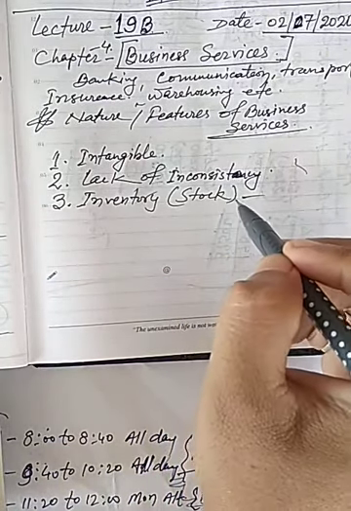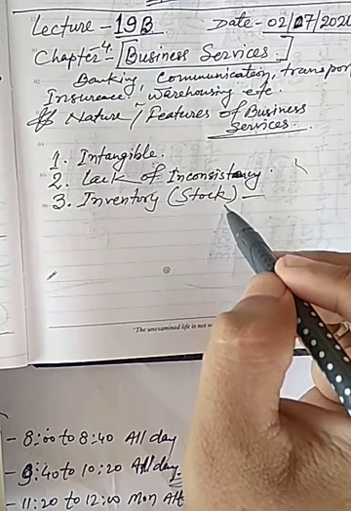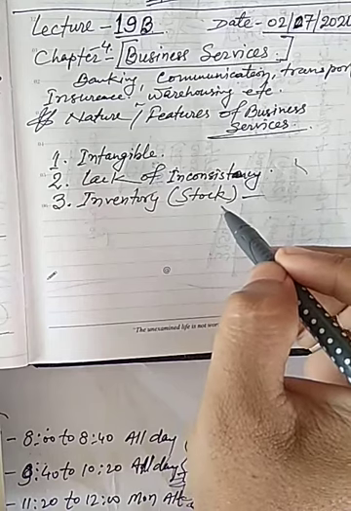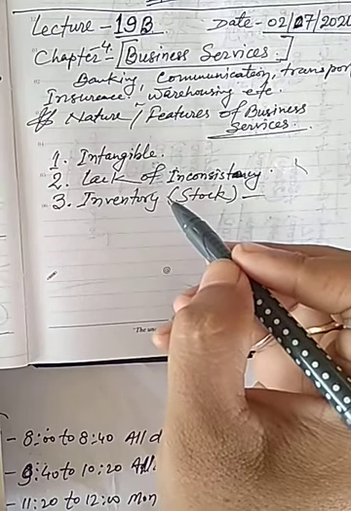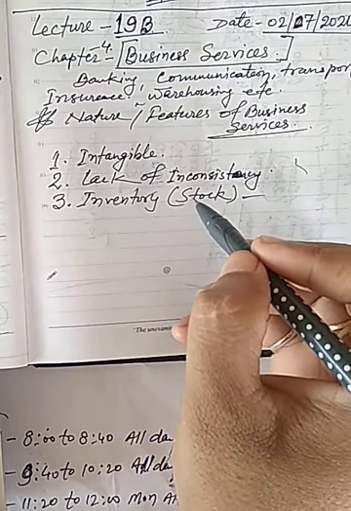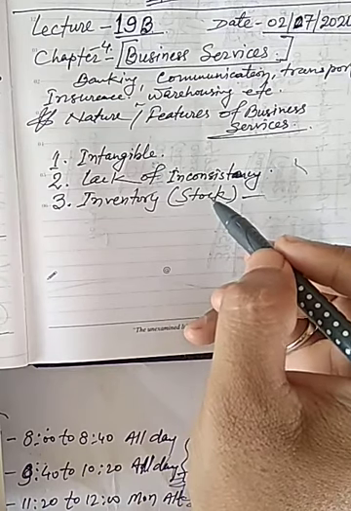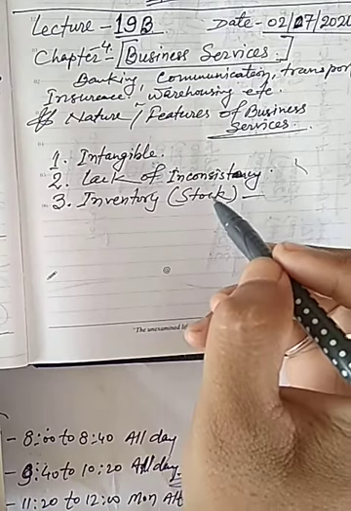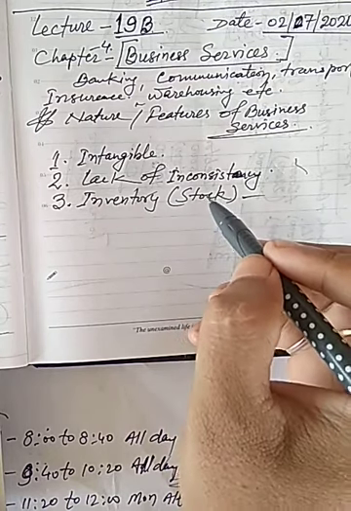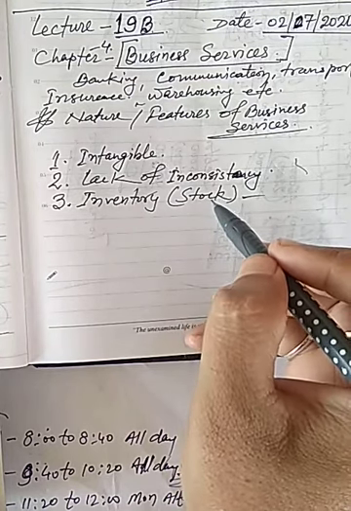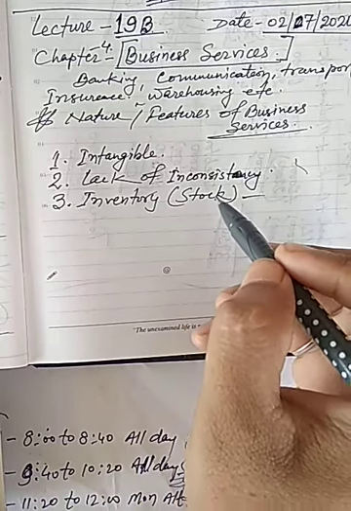The main feature of services is that services are consumed at the same time when they are produced, so there is no need to maintain inventory or stock of services. If a service is not consumed immediately, then it is a total loss. For example, a vacant seat in a cinema hall.